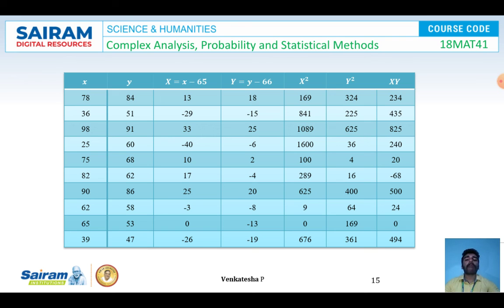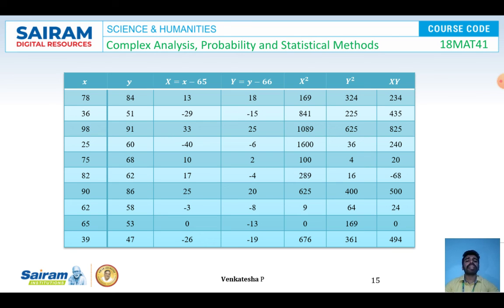So squaring all capital X, we got X square, that is 169, 841, 1089, 1600, 100, 289, 625, 9, 0, 676. Y square: 324, 225, 625, 36, 4, 16, 400, 64, 169, 361.